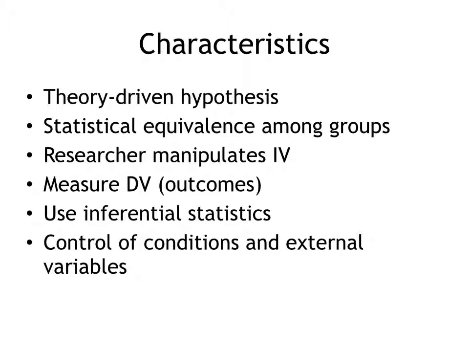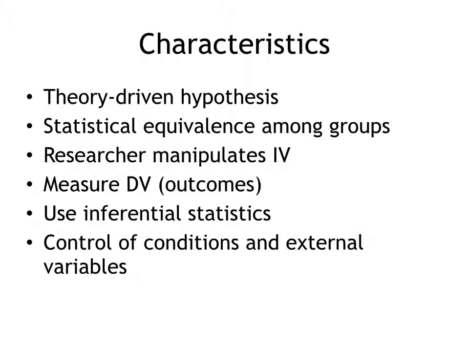Now there are some other characteristics that are really important with experimental research. First of all, with experimental research, there should be a true hypothesis. And we'll get into that when we talk more about inferential statistics.